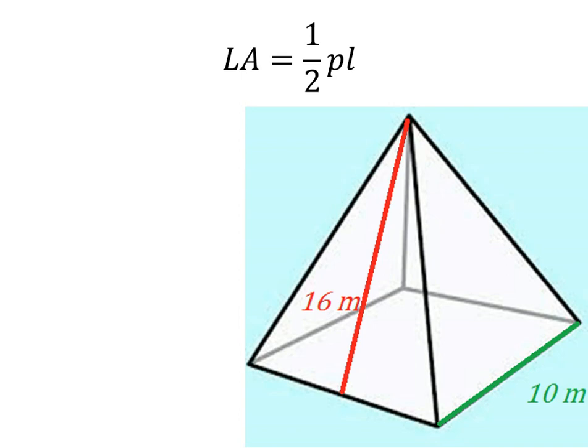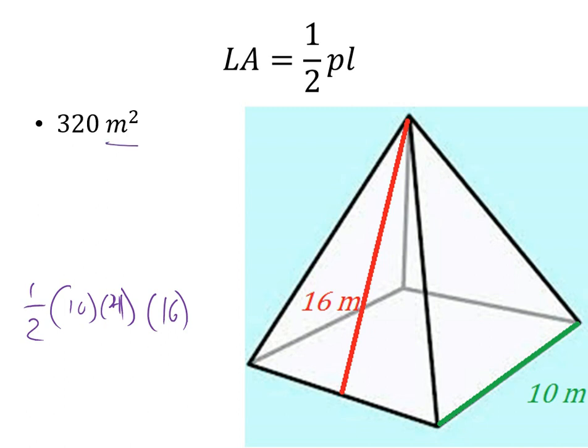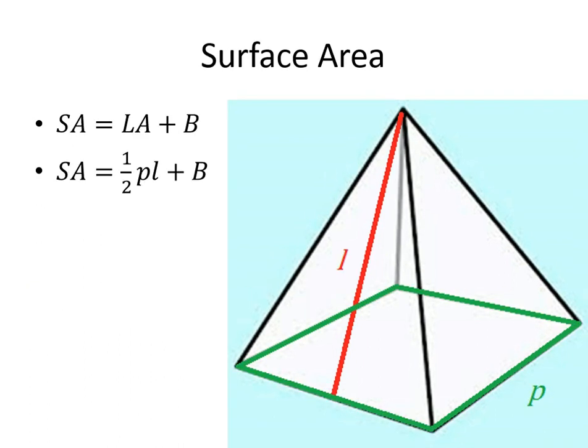So it's 1/2 times the perimeter, which is 10 times 4, multiplied by 16. Multiply it all together, and we get our answer of 320 meters squared. Since we're talking about area, we go meters squared. So 1/2 times 10 times 4 times 16. Pretty simple, pretty straightforward.